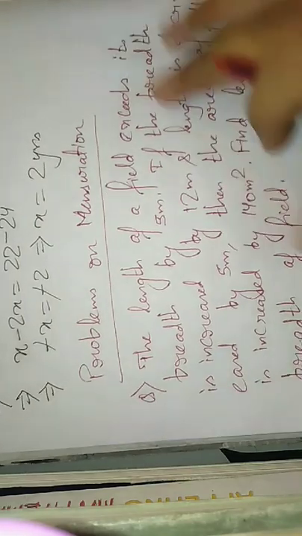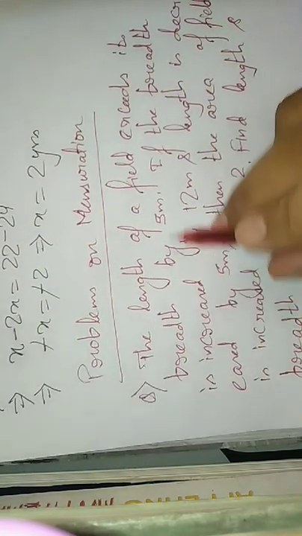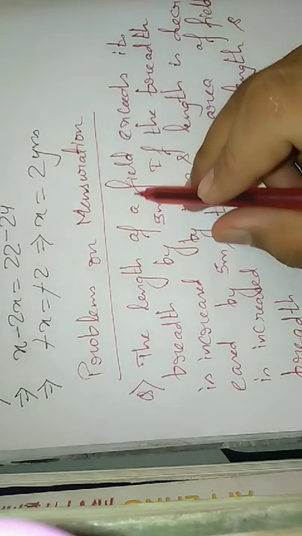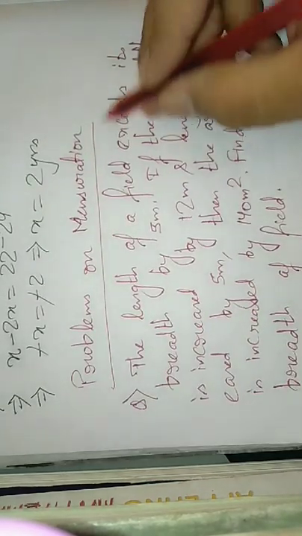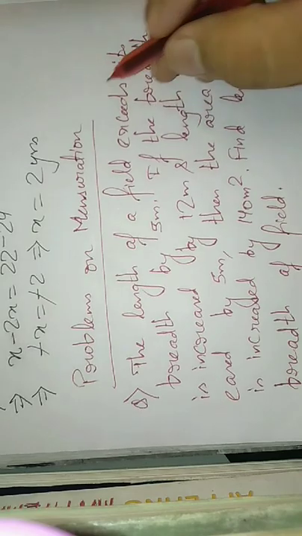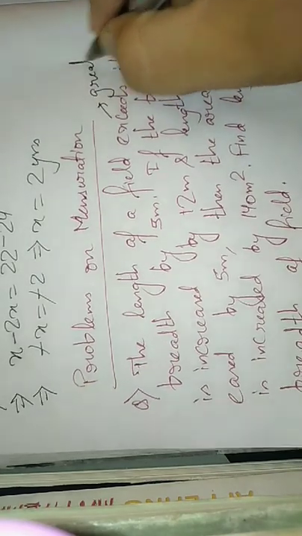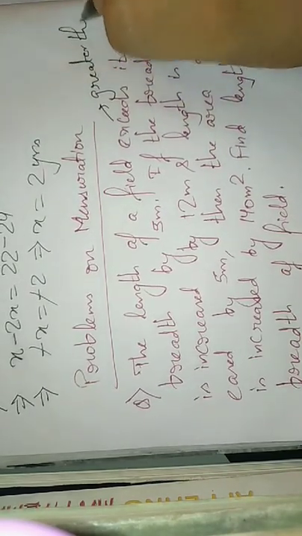So since the question is saying that the length of a field exceeds its breadth by 5 meter. So you see students, length of a field exceeds means is greater than. Anywhere exceed is written, you can cut it and write greater than.